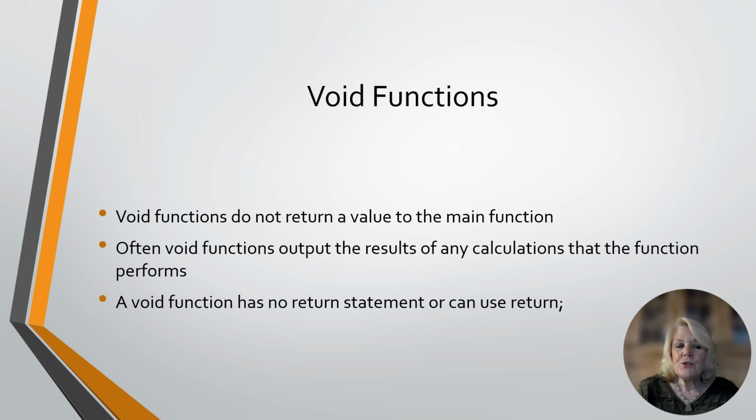So void functions do not return a value to the main function, but often what they do is output the results of calculations within their function so that they don't have to return anything. A void function does not have a return statement. You can use return with semicolon or just leave the return statement out.